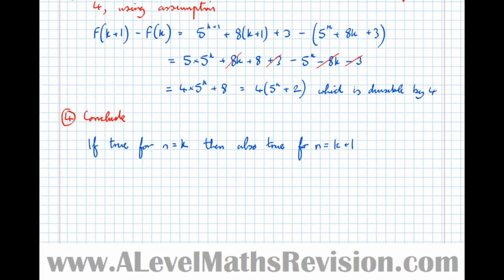So again, we don't know whether it's true yet, but the killing blow that we're going to deal now is, since true for n equals 1, and again I want to stress here, if it's true for a number, then it's true for the next. So it's true for n equals 1, so it must be true for n equals 2. If it's true for n equals 2, it must be true for n equals 3, etc, etc.